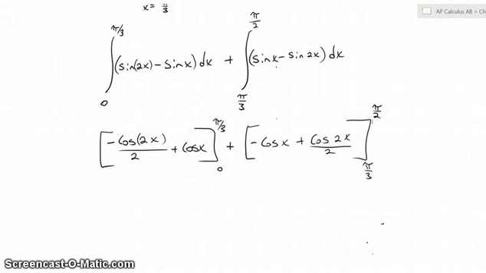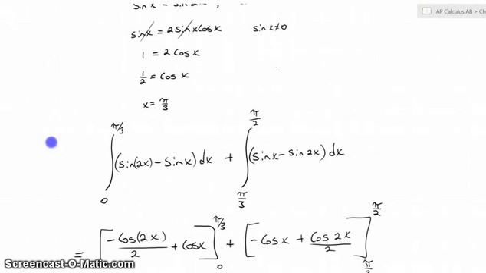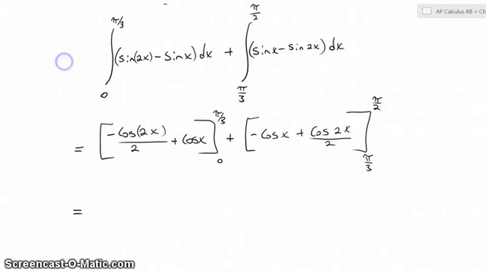At this point, we need to be decent at remembering the trig circle, the unit circle. So cosine at pi over 3 is 1/2 because we solved for that. So that means that cosine of 2x is going to be cosine at 2 pi over 3. And then we're going to be dividing by 2. So that's actually going to be, cosine of 2 pi over 3 is negative 1/2.